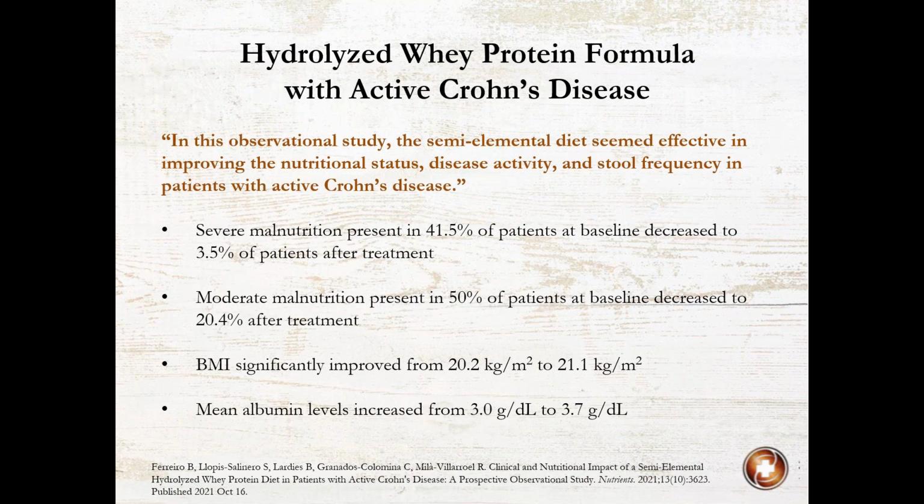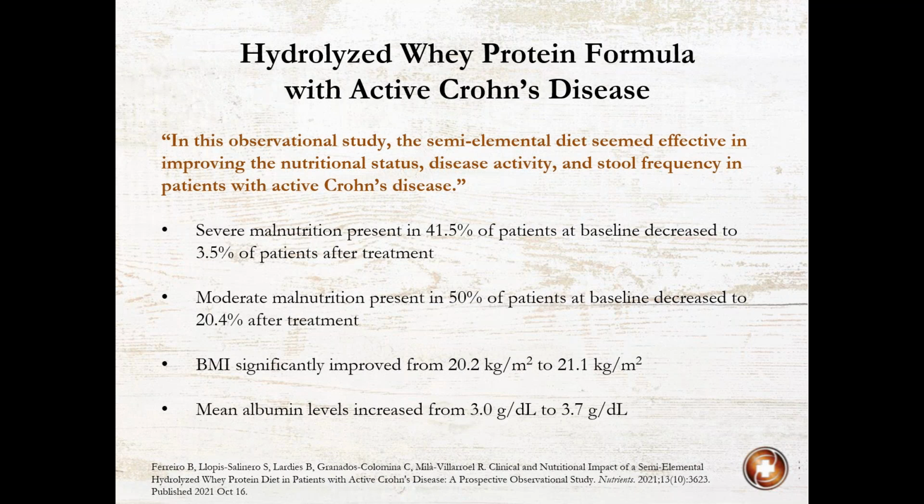So in this study, we're looking at the use of a hydrolyzed whey protein formula in the presence of active Crohn's disease. So they looked at nutritional status, disease activity, stool frequency. One of the things that was mostly significant was the improvement in the degrees of malnutrition. So at baseline, 41.5% of these patients had severe malnutrition.